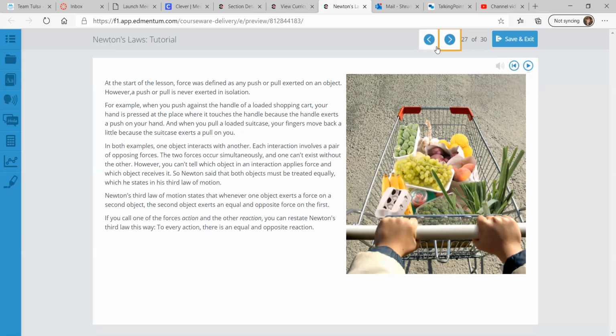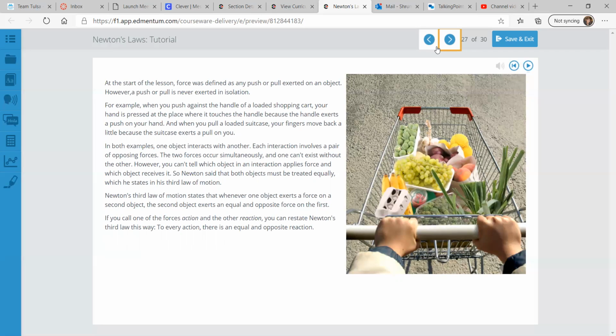So at the start, I'll just summarize everything here. At the start, force was defined as any push or pull exerted on an object. However, a push or pull is never exerted in isolation.